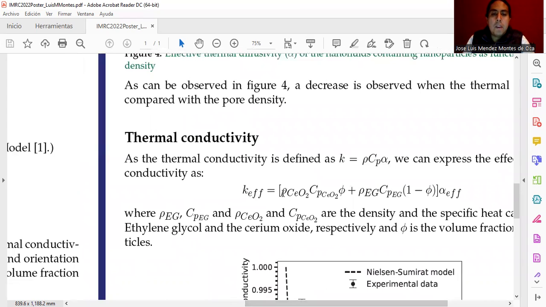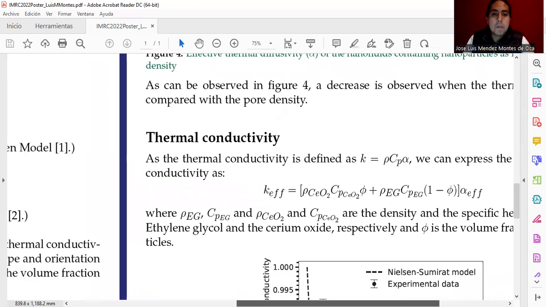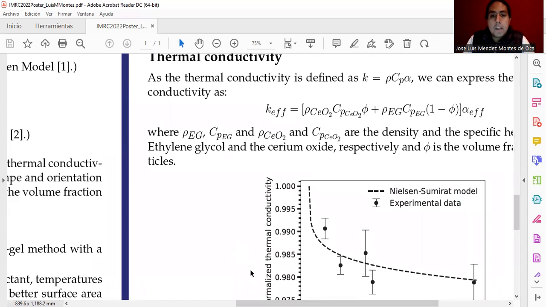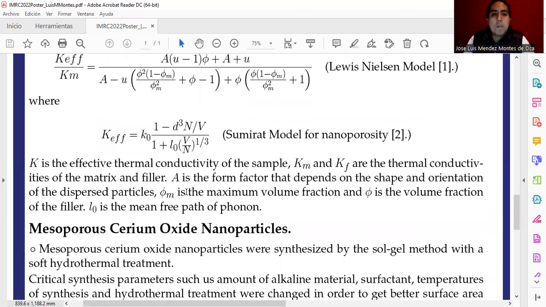If you know the density and the specific heat capacity of the filler and the matrix, you can obtain the effective thermal conductivity of the system. This needs some mathematical model.